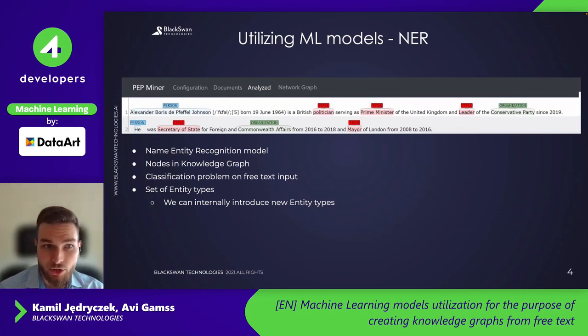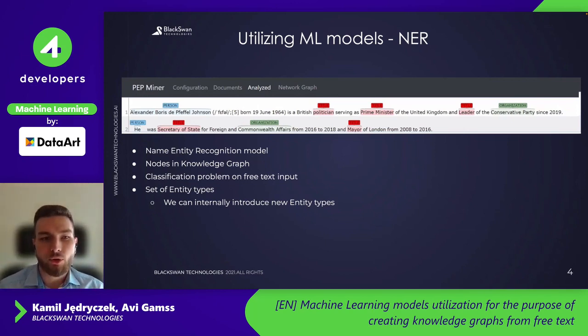As I already mentioned, we are presenting here 3 entity types. And what is very interesting, and maybe for some of you will be something new, in our company, we are able to train our models for new entity types.